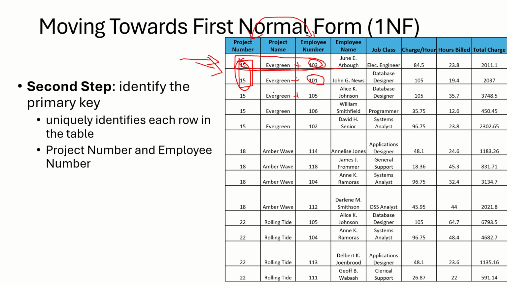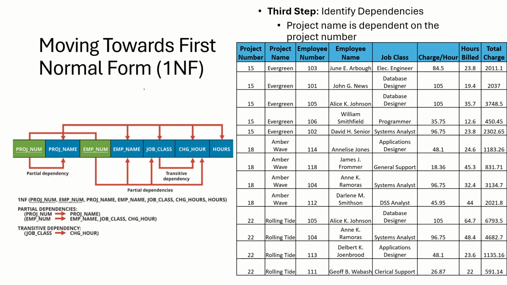So in that case, we consider project number and employee number the primary key for this table. Now we know the primary key is the project number and the employee number.